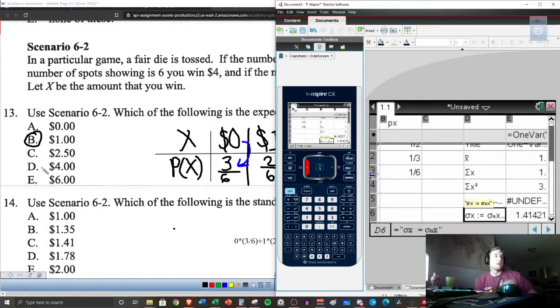Normally S sub X is our sample standard deviation, but since we have the entire distribution here, or the whole sample space, this is a population standard deviation. That's what sigma of X is. So 1.41421 is our standard deviation. We look over here, C is the correct answer on this one.